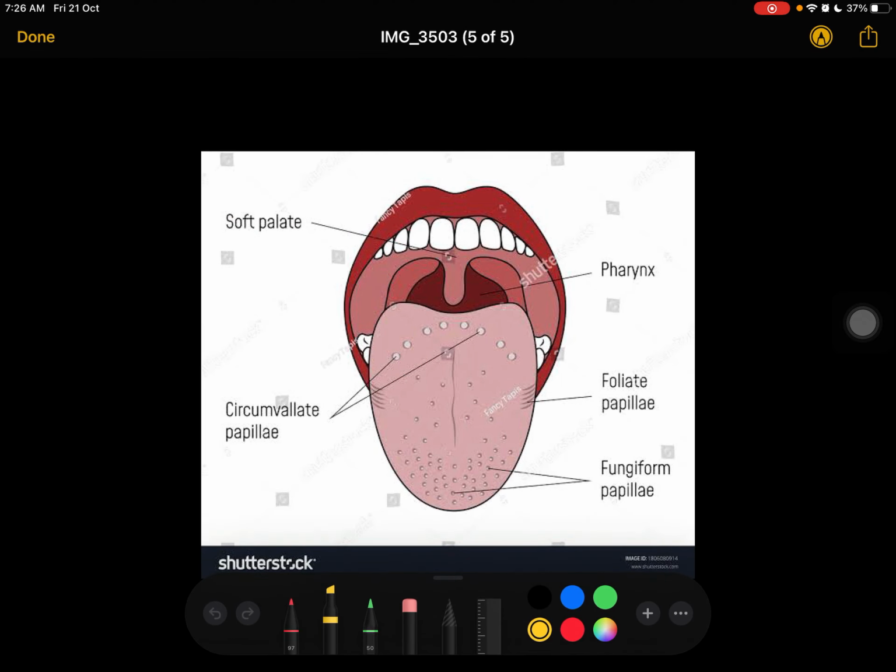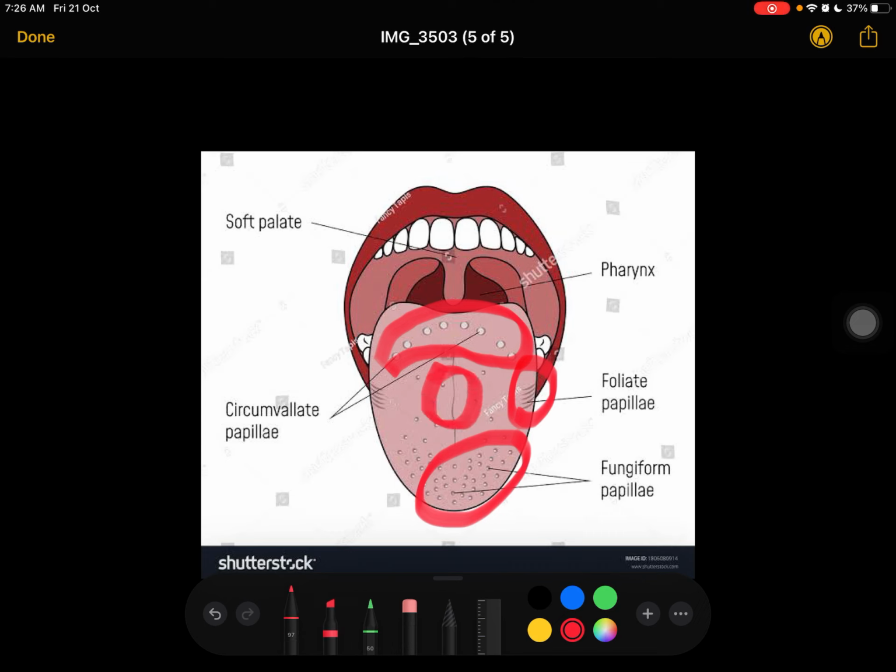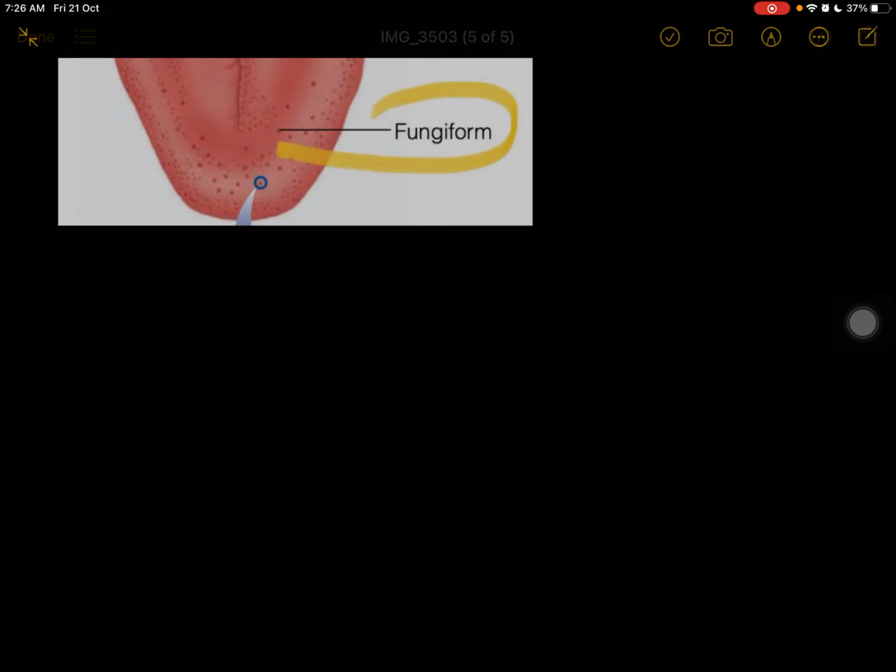Here these are the circumvallate, these are the foliate, these are the fungiform, and then in the mid they are filiform. And let's talk about function. This circumvallate is responsible for the bitterness, right? This fungiform is responsible for the sourness, saltiness, and the sweetness.